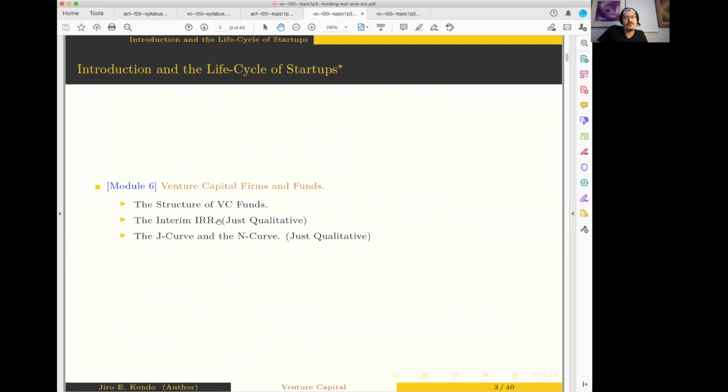It would be structure of VC firms and funds, because those are 2 different things. Because you have VC firms, which are kind of like the entity owned usually by the general partners, i.e. the investing partners of a venture capital firm, right? And that is distinct from the actual funds that they manage.